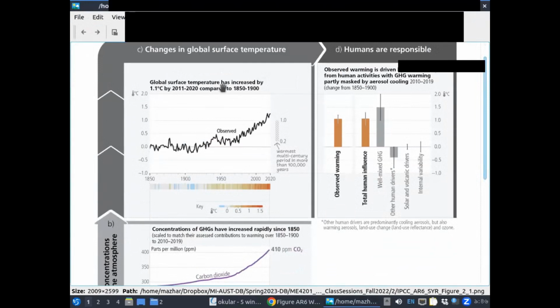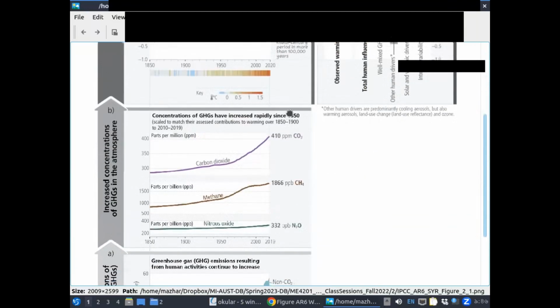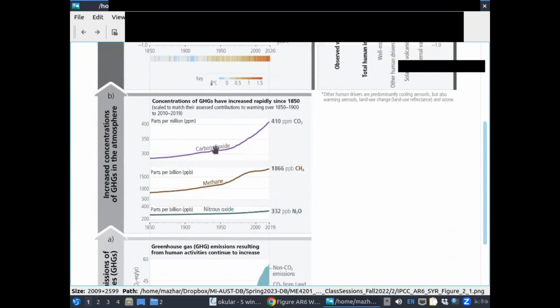So the global surface temperature has increased by 1.1 degrees centigrade in 2011 to 2020 compared to 1850 to 1900. That is a huge increase. It's increasing consistently. And if you look into CO2, methane, nitrous oxide, they are also increasing.